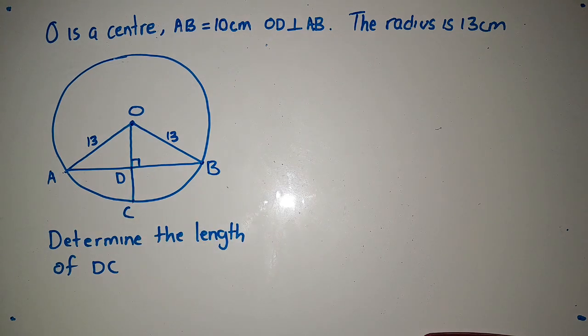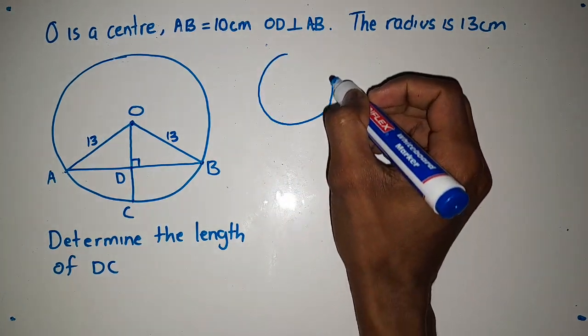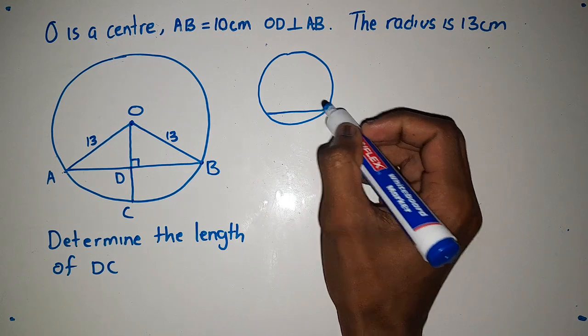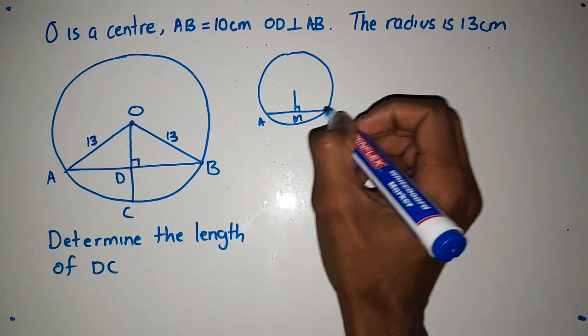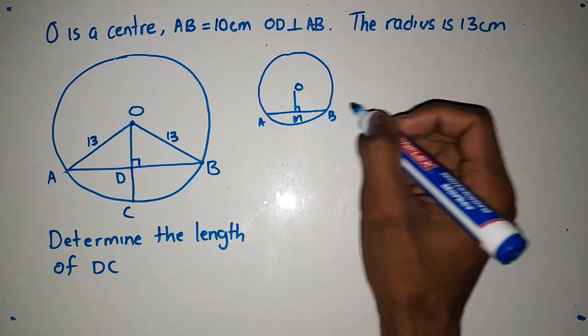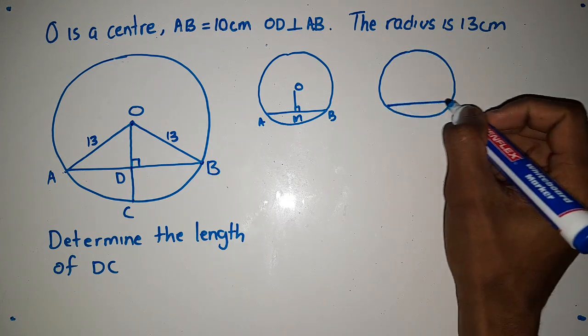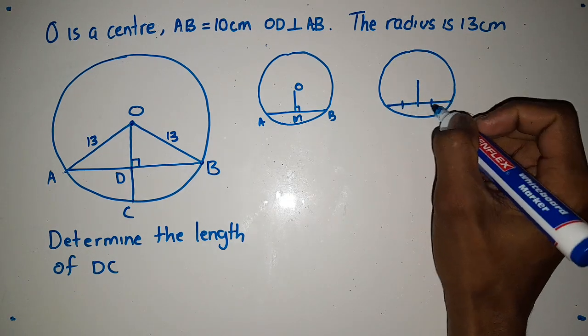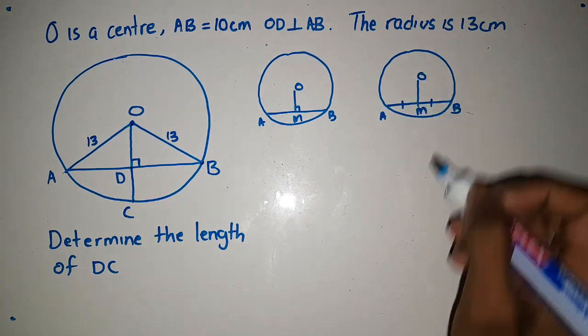Before we can determine the length of DC, firstly, I just want to highlight something which is very important. We have this theorem, then we write AMBO and its converse, like this. Do you understand?